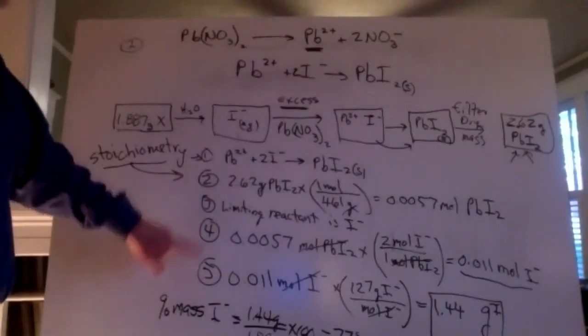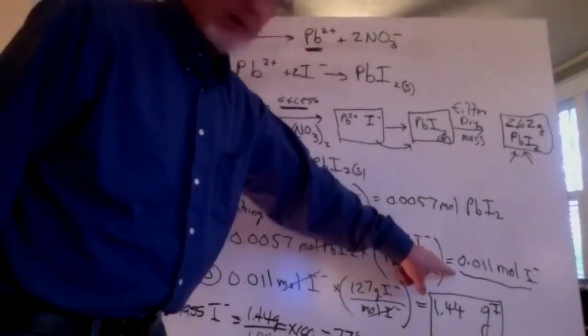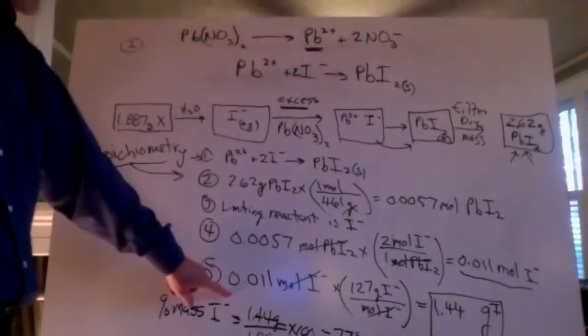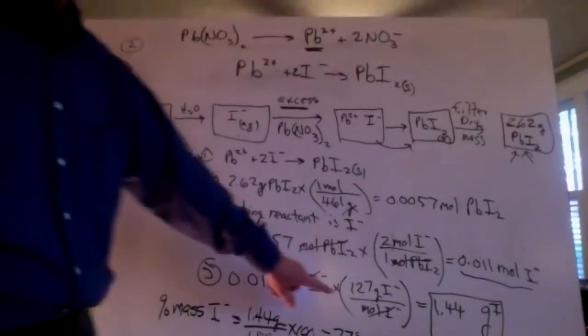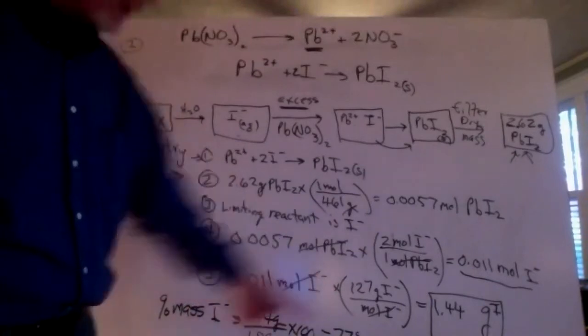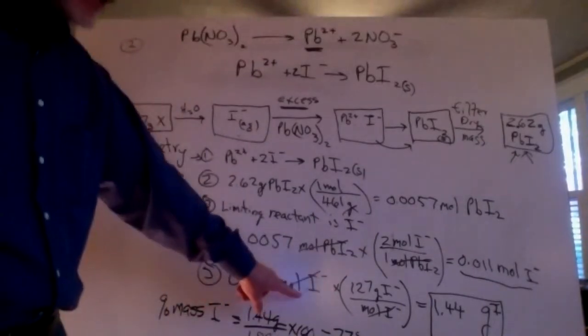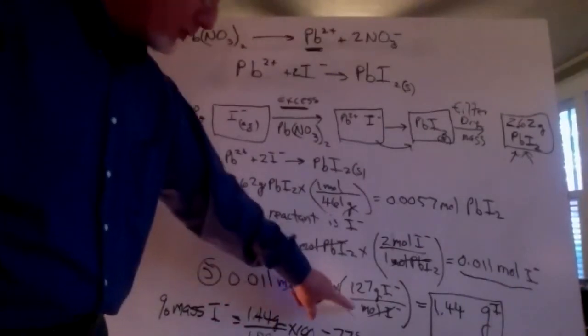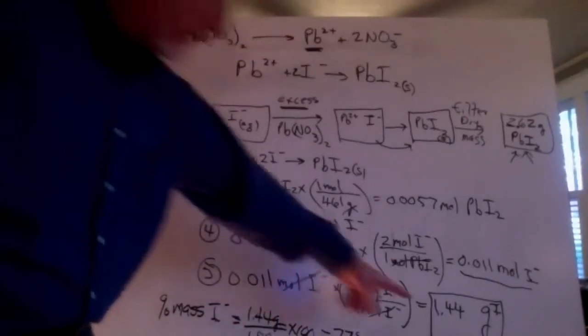We calculated in step 4 that we have 0.011 moles of iodide ion. What we want is the mass of iodide ion. So we take those number of moles and we just multiply it by the molar mass of the substance. Our substance is iodide, multiplied by the number of moles by the mass per mole of iodide, and we get grams. All right. Thank you. You're welcome.